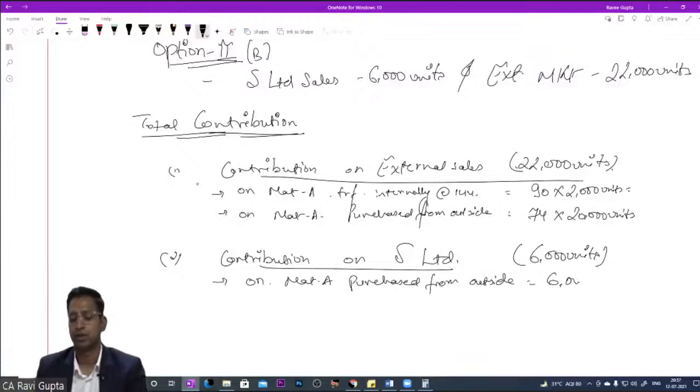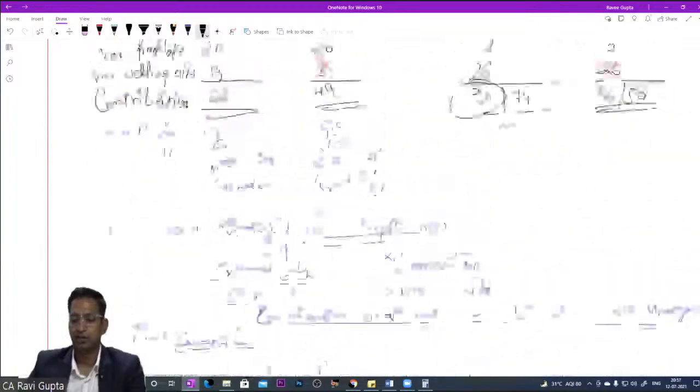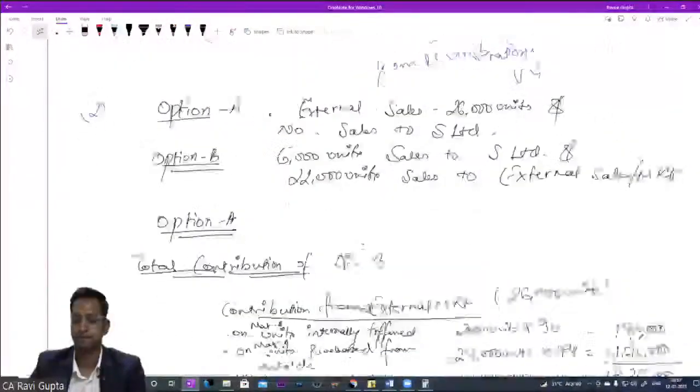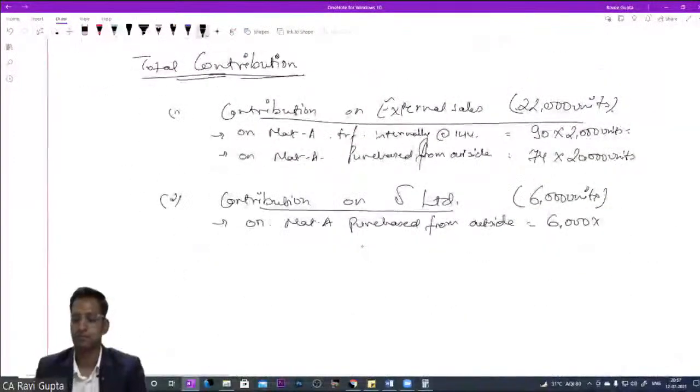That is 6,000 into 50 rupees, that is 3 lakh rupees.